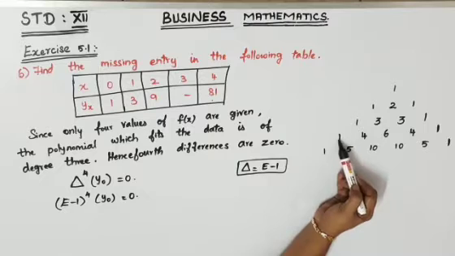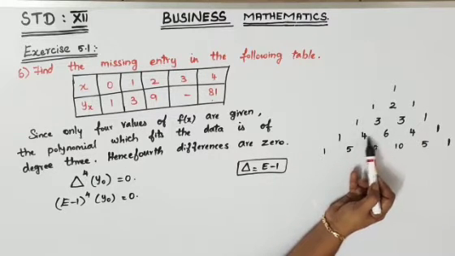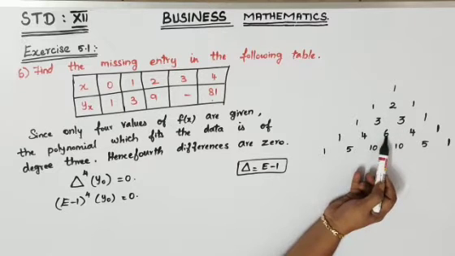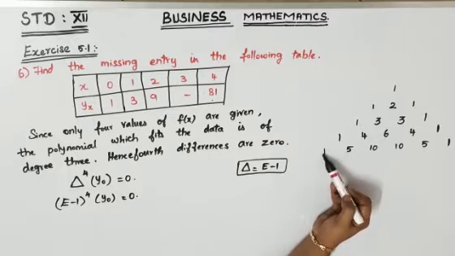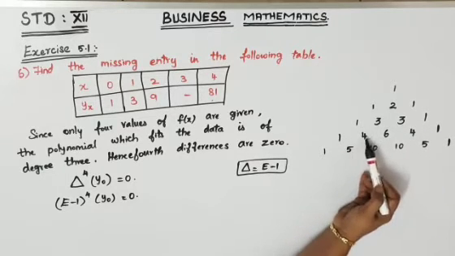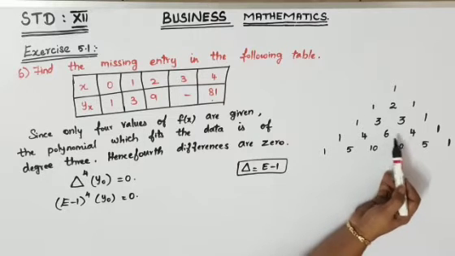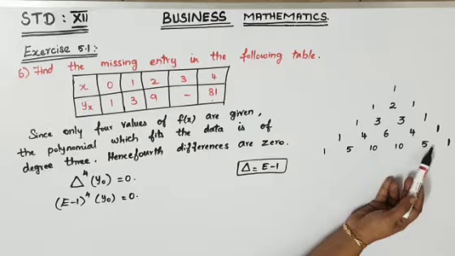Now the end values 1 and 1 stay. 1 plus 3 will be 4. 3 plus 3 will become 6. 3 plus 1 will become 4. The same way in the next step, the 1 and 1 you leave. So 1 plus 4 will become 5. 4 plus 6 will become 10. 6 plus 4 will become 10. Again 4 plus 1 will become 5.